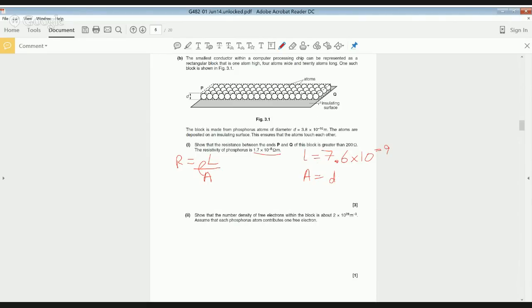The width is probably the best way of looking at it, is 4 times d. So we end up with 4d squared, which comes out as 5.78 times 10 to the power of minus 19 meters squared.